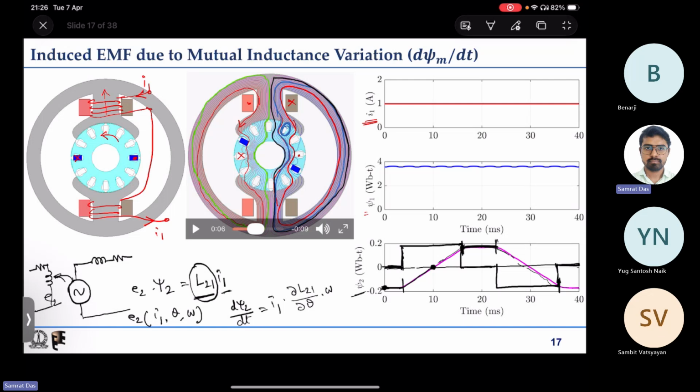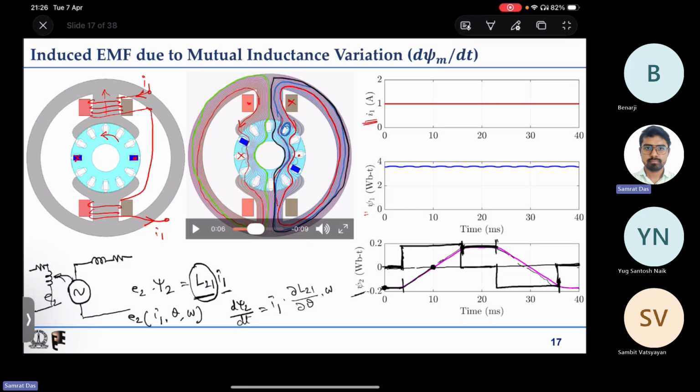And if you now see this properly, this is nothing but the case of a DC machine. In a DC machine, the first winding is the field winding, and the second winding, I have only represented one coil of the armature.